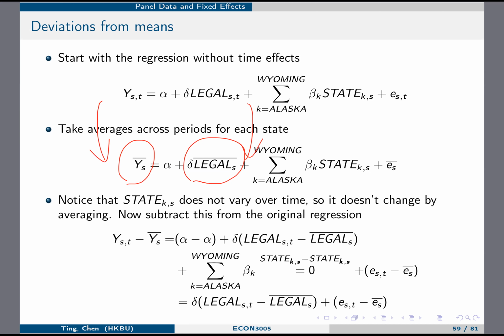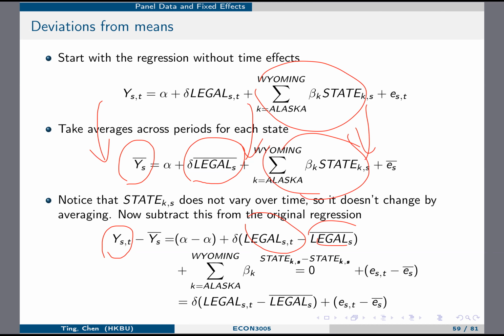So the mortality rate by state and by year minus the average mortality rate over different periods for each state is equal to, alpha minus alpha, plus the same for the regressor: at state-year level minus the average over different years for each state. Because for each state observation you have one dummy, these two parts are exactly the same.